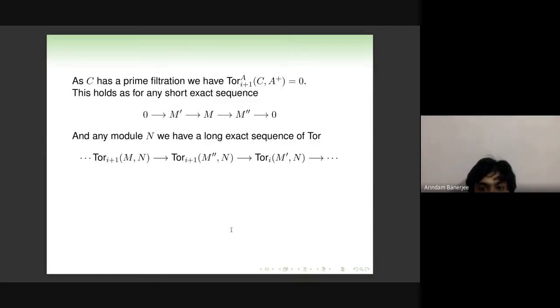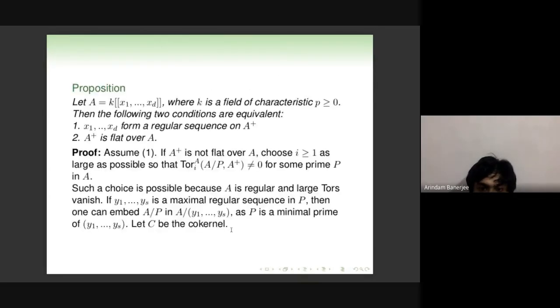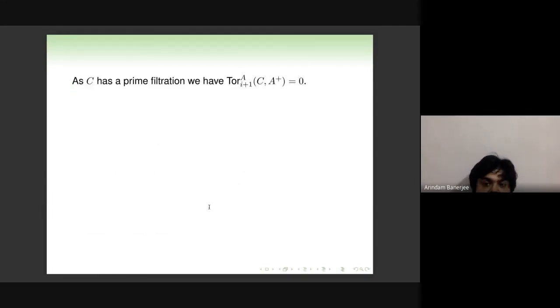Now, since C has a prime filtration, you can construct C through a sequence of short exact sequences where each successive quotient is the ring mod a prime ideal, and Tor_{i+1} of the ring mod prime ideal and A plus is 0 because of the way we have chosen i. Hence, inductively we get Tor_{i+1}(C, A plus) is 0.